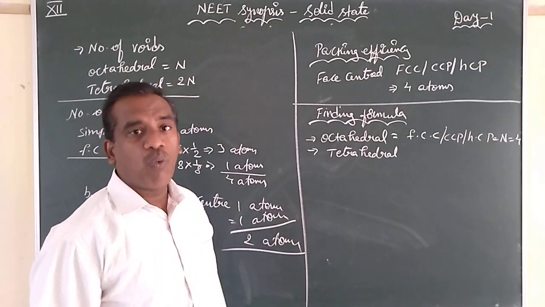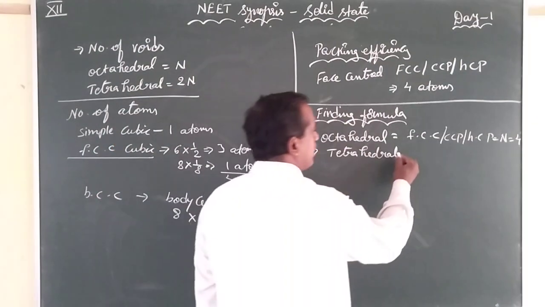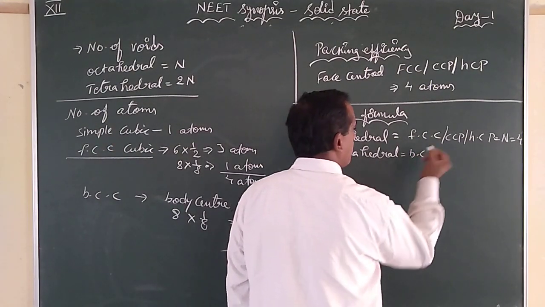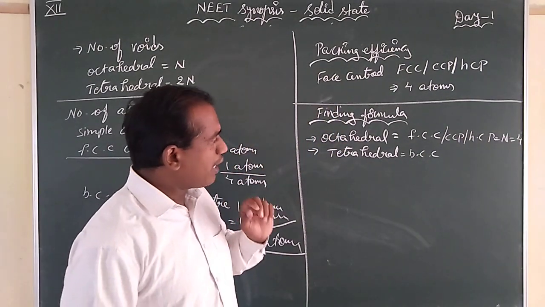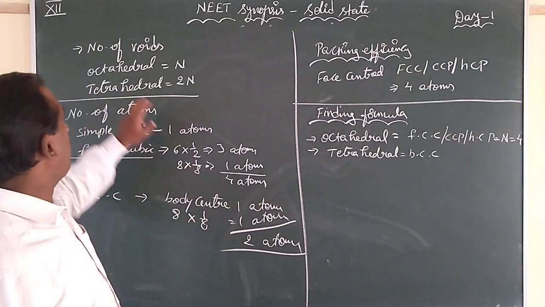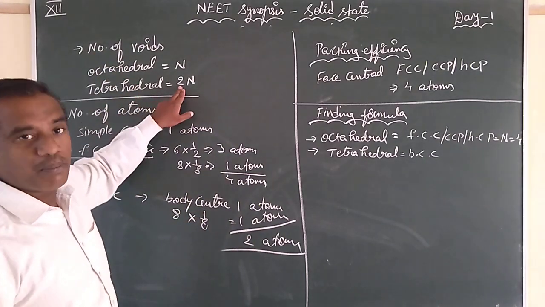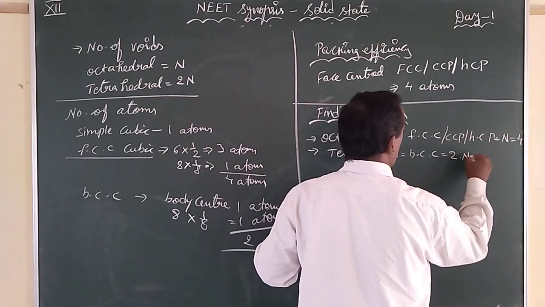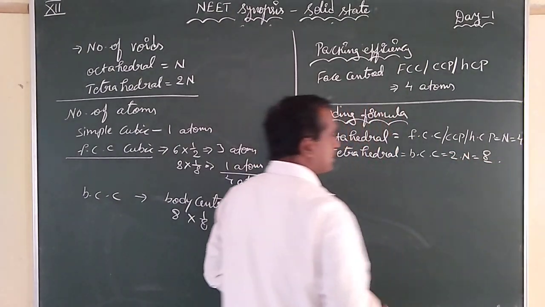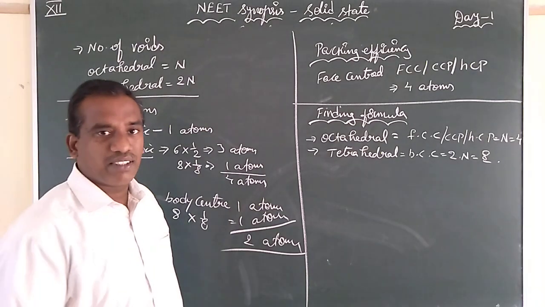Whereas the tetrahedral voids are filled with the BCC type of atoms, and the number of tetrahedral voids is represented as 2n, that is 8.